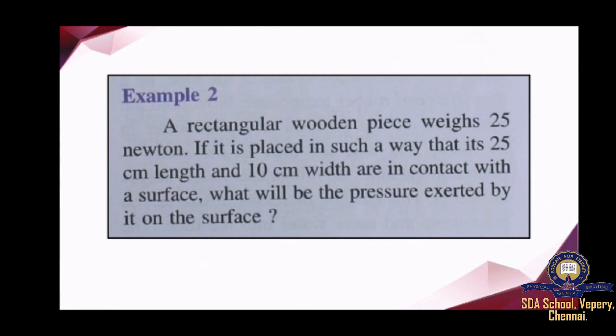So they have given the weight and they have also given the length and the width. To know the area, what we should do? We should find out the area using the length and the width. And notice that the parameters of length and width are given in centimeters. So you should be careful in converting that also.